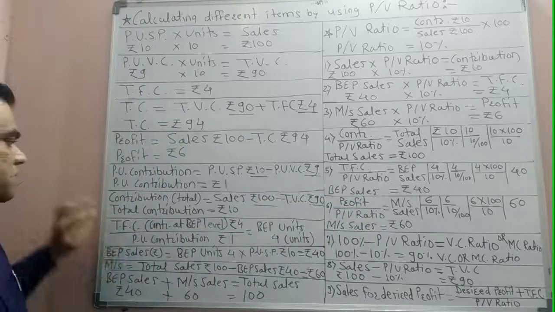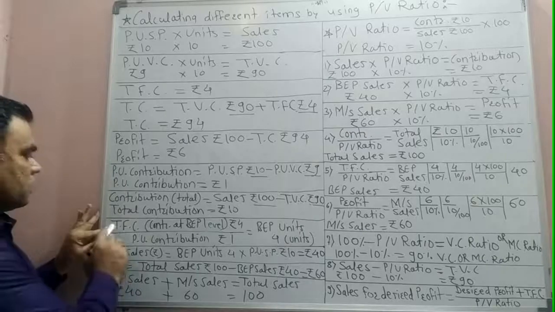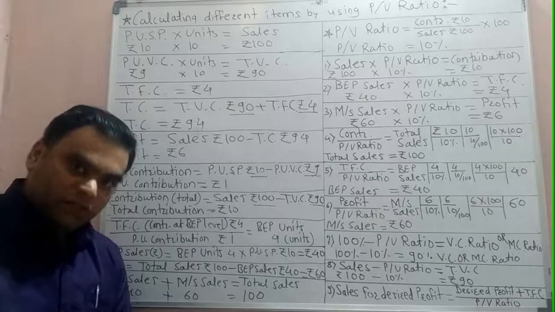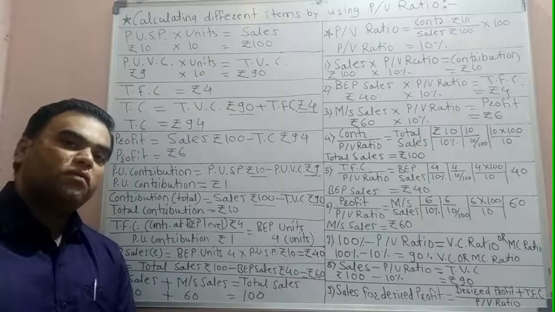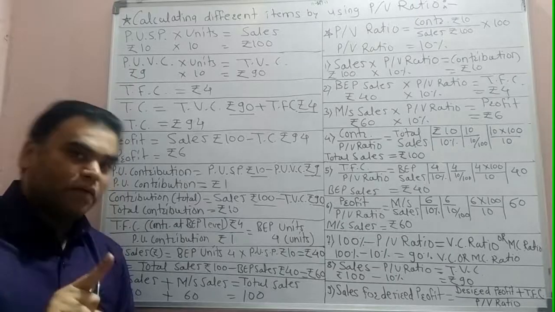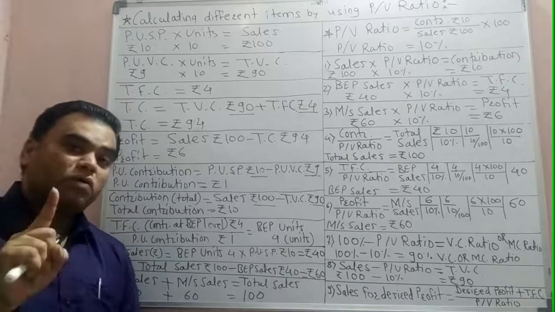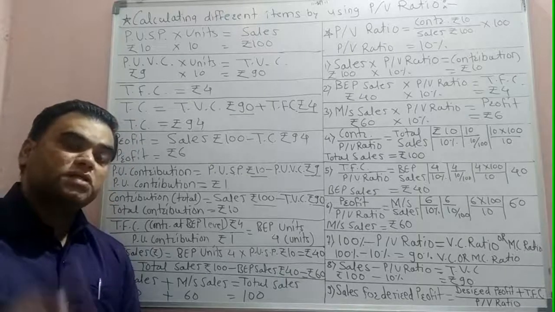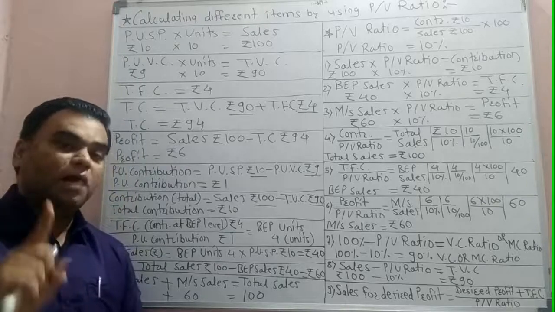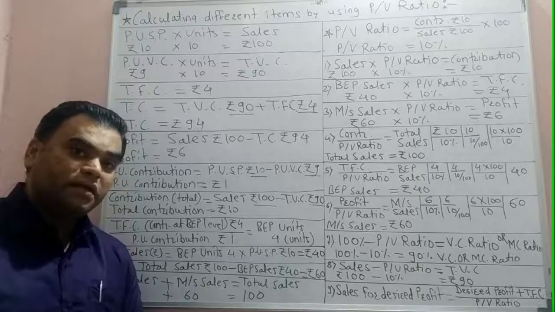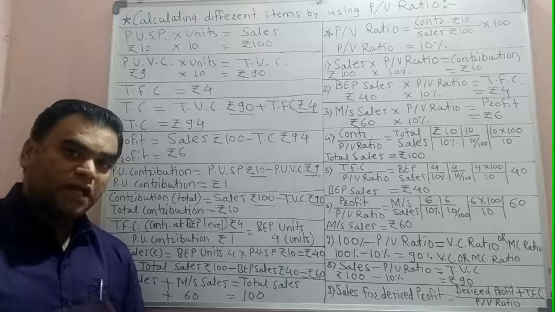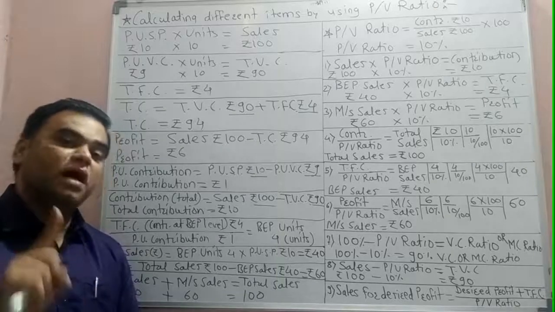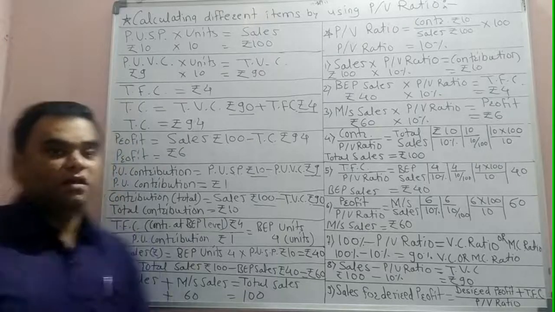How are we going to understand now? Total fixed cost, as we discussed in the previous lecture, the amount of total fixed cost and the amount of contribution at BP level, not total contribution, is always equal in marginal costing.